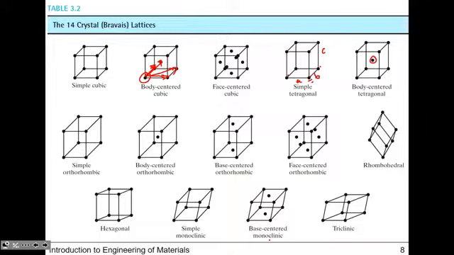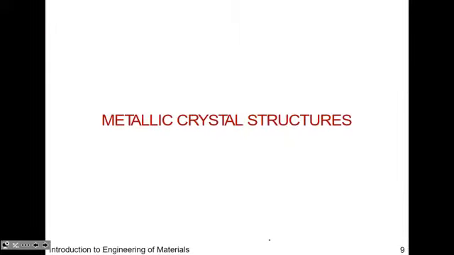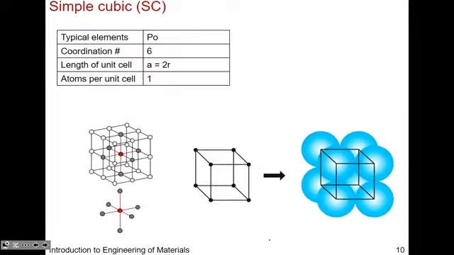So it's not like I have to tell you put an atom here and then put an atom here for body-centered. I should only have to tell you the position of one atom, because then it propagates through translation vectors, okay? Okay. So with that, we'll go into examples of materials with these crystal systems or with these Bravais lattices.